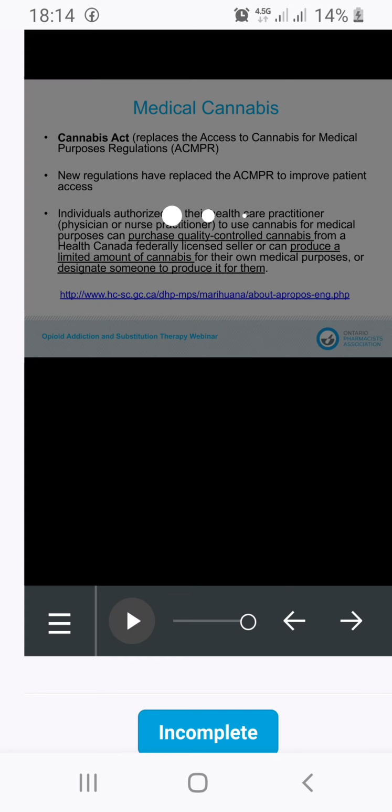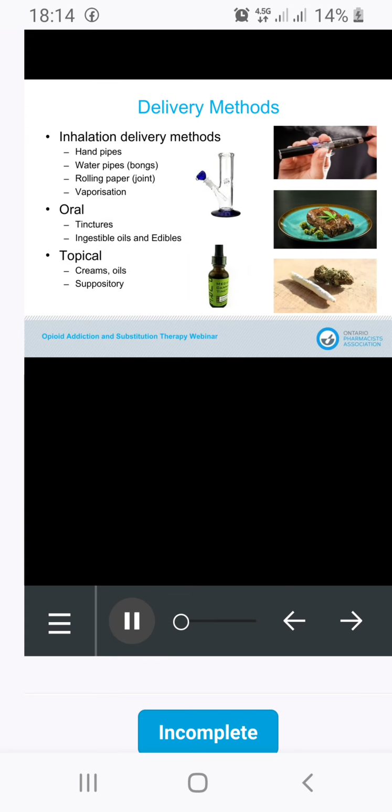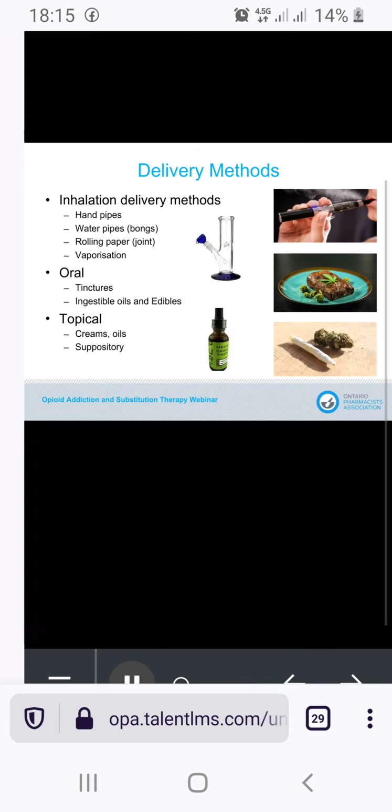Cannabis or marijuana can be delivered many ways. Most popular, obviously, is inhalation. I've provided some examples such as hand pipes, water bongs, rolling papers or joints, probably the most common we hear from our patients, as well as vaporization.